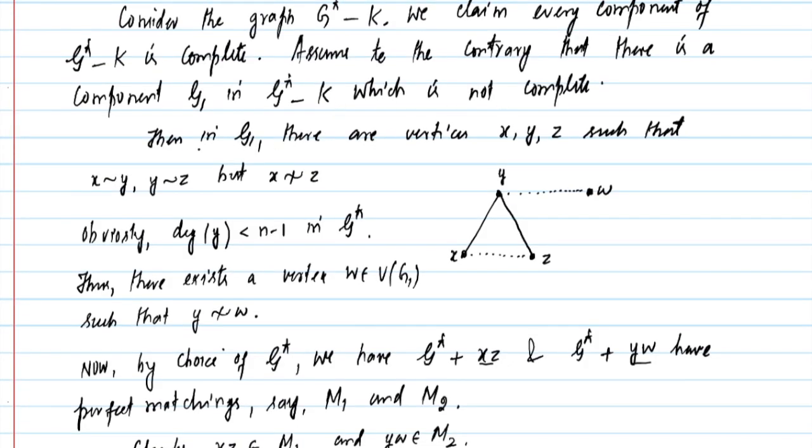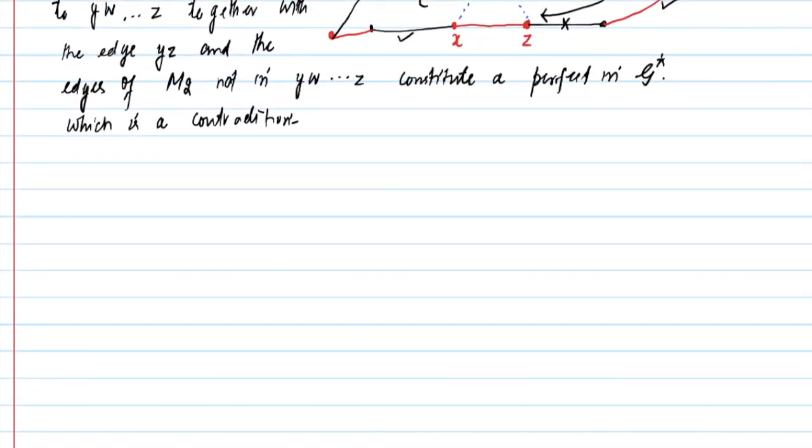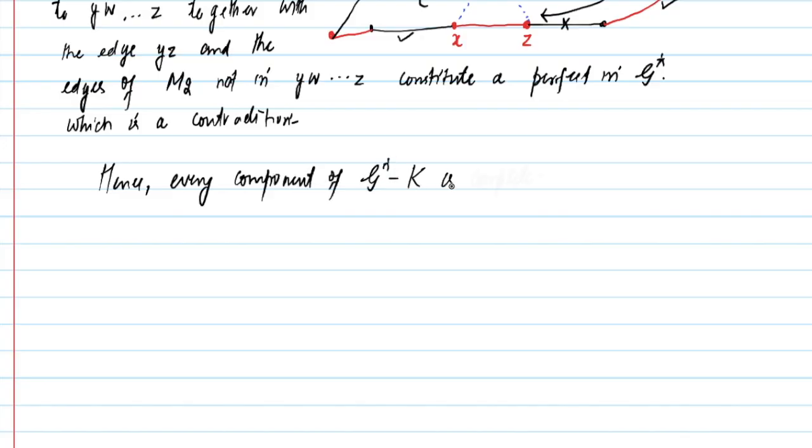So that assumption is not true. Hence every component of G star minus K is complete.